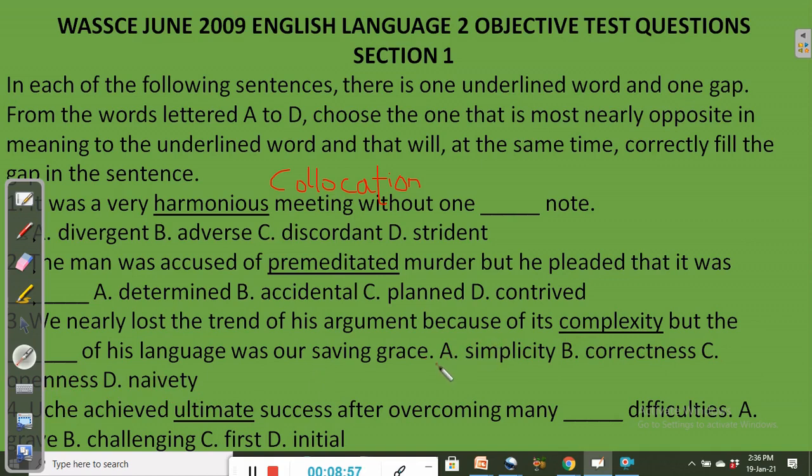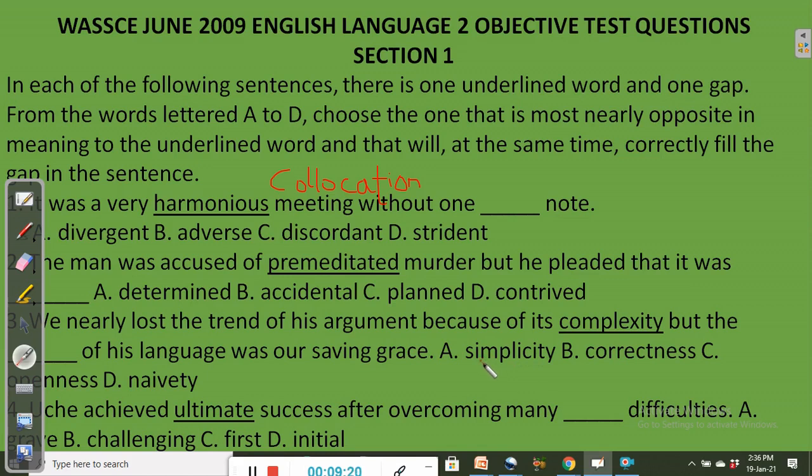Now, option A is most appropriate, simplicity, because it collocates with language. Language can be described as simple. When language is simple, easy, accessible, it means that it's not complex, it's not difficult to understand.